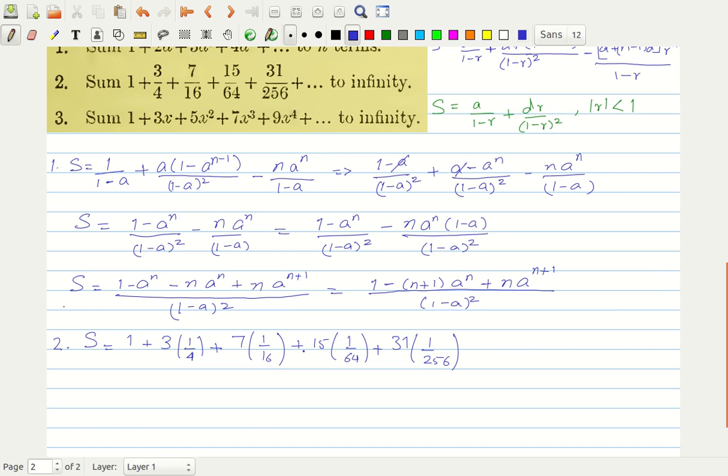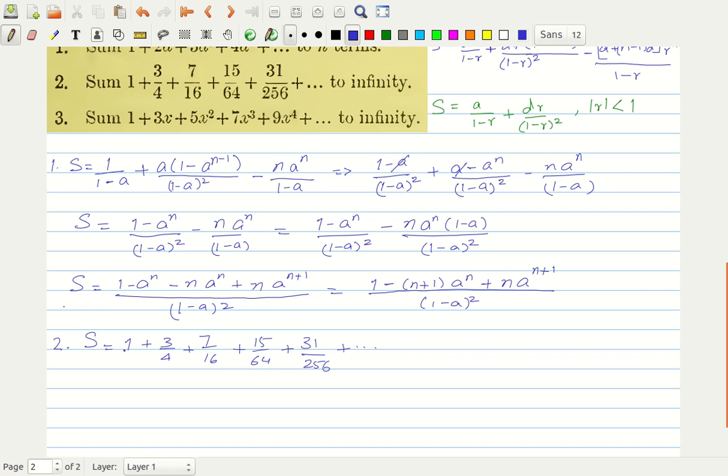In that case, I think it is better to solve it using a different method. Let us write it as 1 plus 3 by 4 plus 7 by 16 plus 15 by 64 plus 31 by 256, and so on.